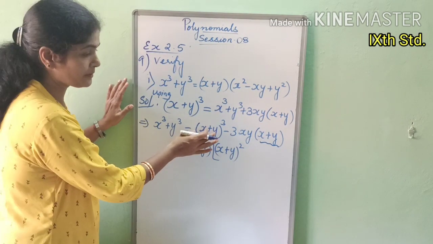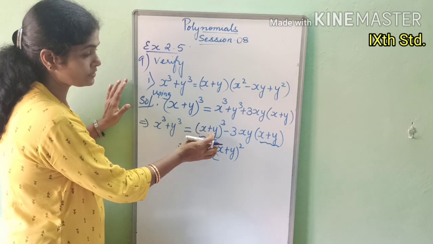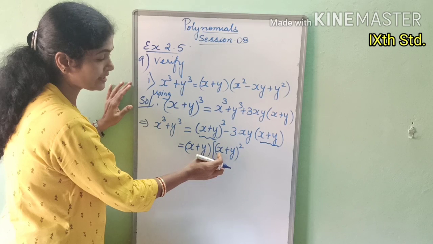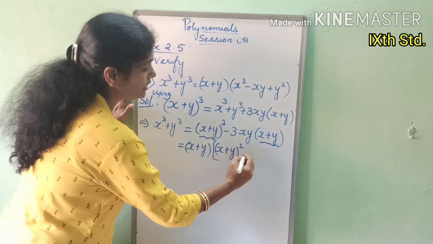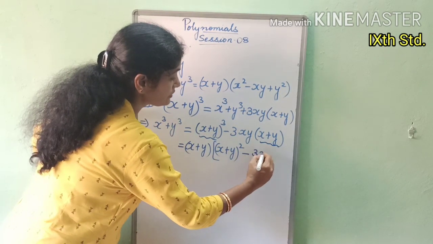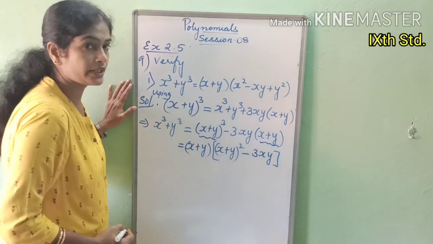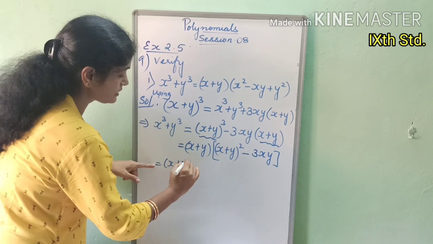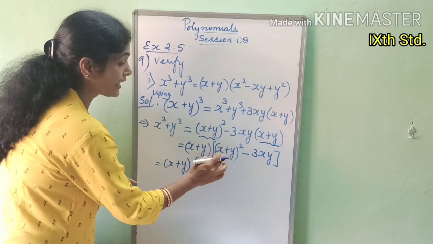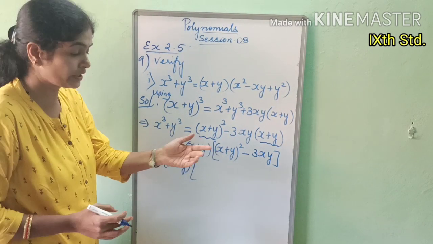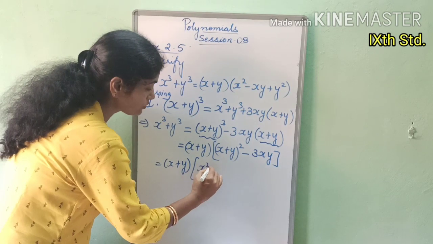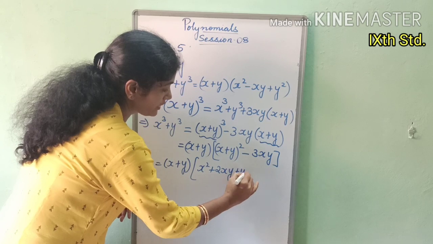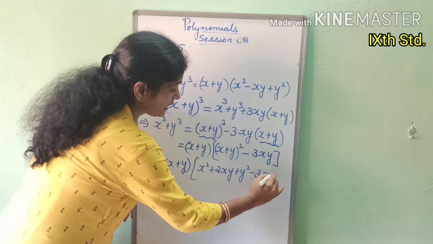Out of three terms of (x plus y) whole cube, I have taken out x plus y, so (x plus y) whole square remains, minus 3xy. Correct? Now just look here. This is x plus y as it is. This (x plus y) whole square, you can expand it. It is x square plus 2xy plus y square minus 3xy.